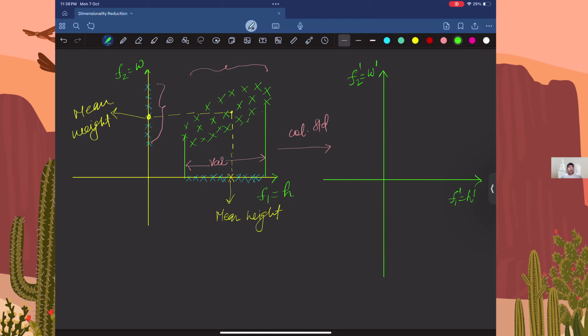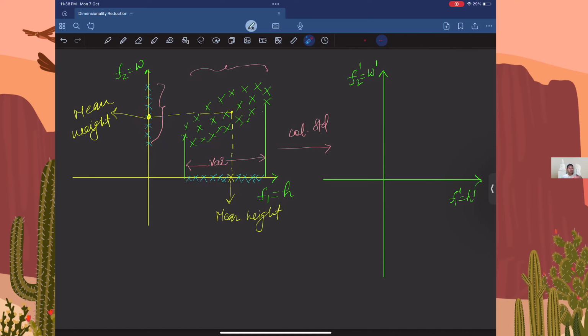Now, I told you that through column standardization, I'm going to get a mean of 0, which means this point, which was my original mean, is somewhere here. This mean has some height and some weight, which is my original.